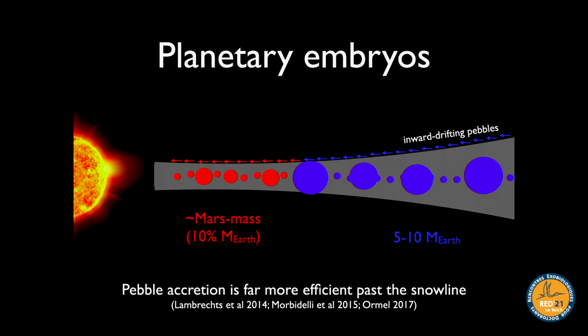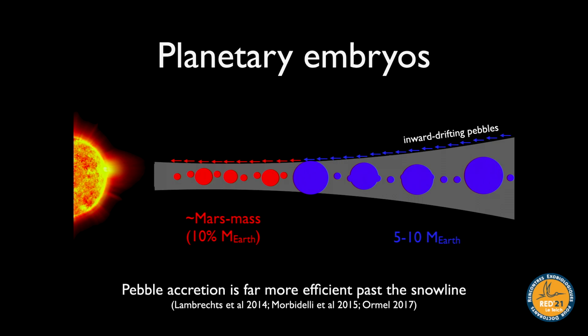We think it's because pebbles are probably bigger. Instead of being individual little bitty dust grains, past the snow line they're more like a few grains of sand stuck together with some ice. So we think they're clumps of many of these. And these pebbles being a little bit bigger translates into a much faster growth rate.